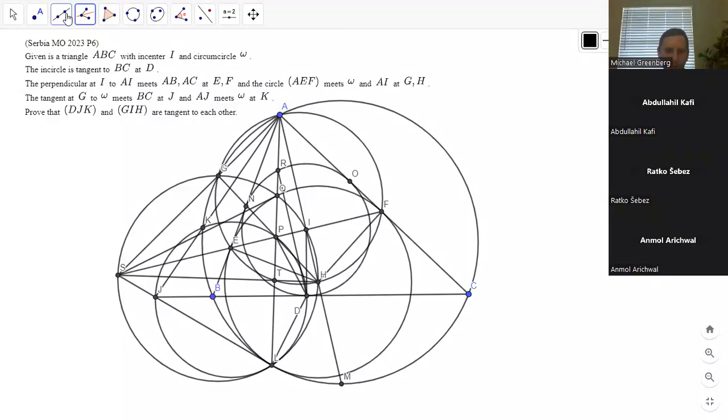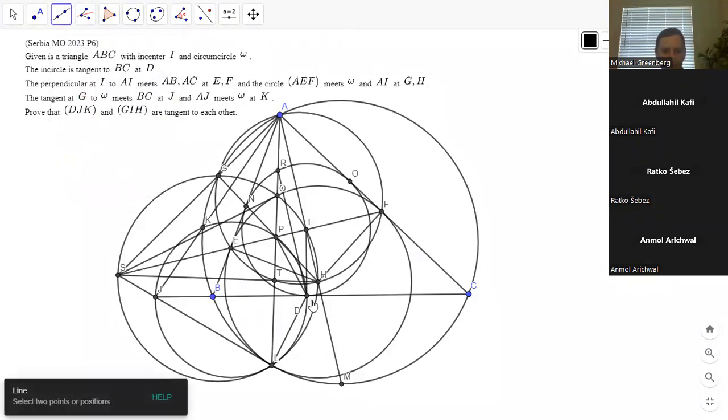What do you project onto? You could try projecting onto AL.